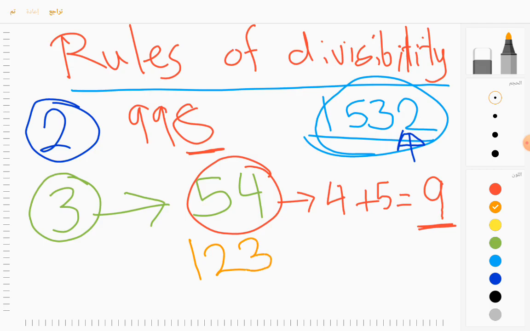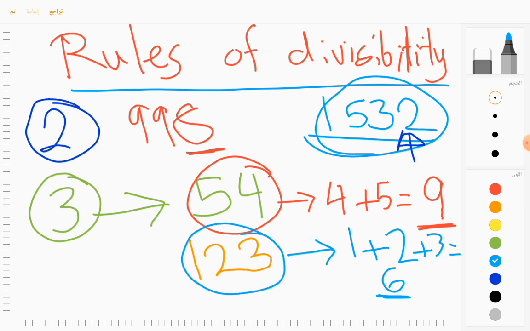Is 123 divisible by 3 or not? So let's add the numbers 1 plus 2 plus 3 equals 6. 6 is a number in the times table 3, so 123 is divisible by 3.